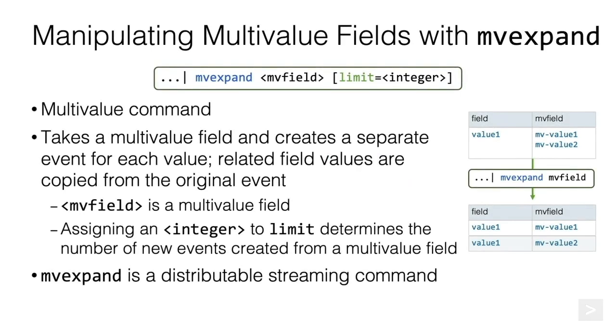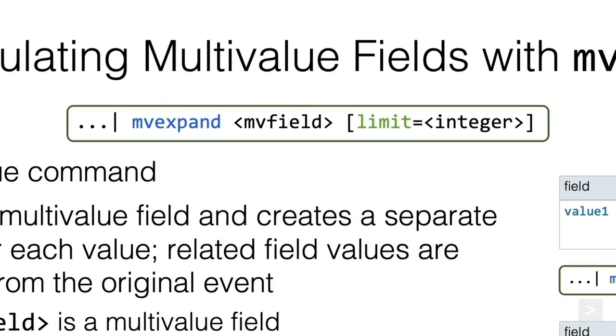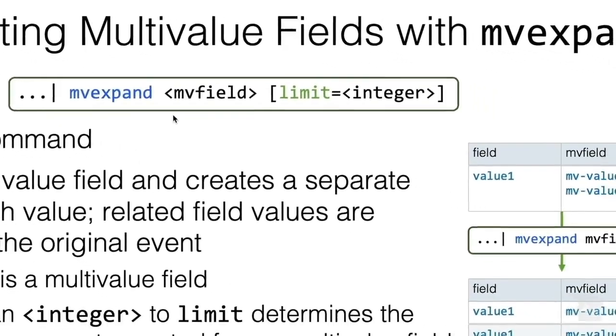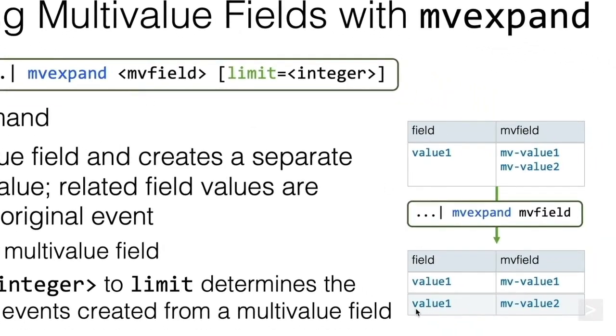And finally, the mvexpand command can be used to create a separate event for each value contained in a multi-value field. The mvexpand command is going to take a multi-value field and create a new event for each value of that multi-value field.